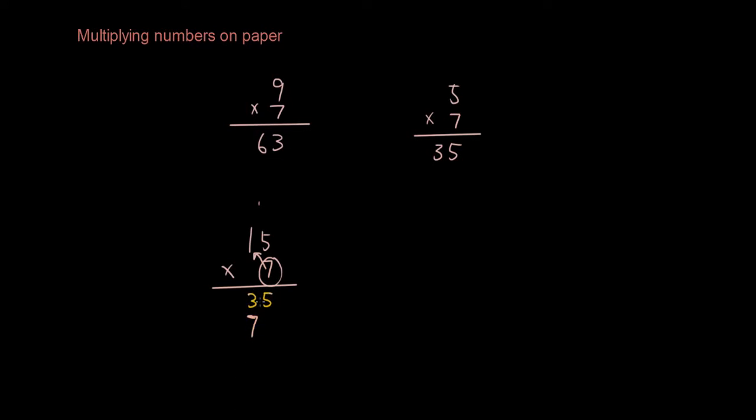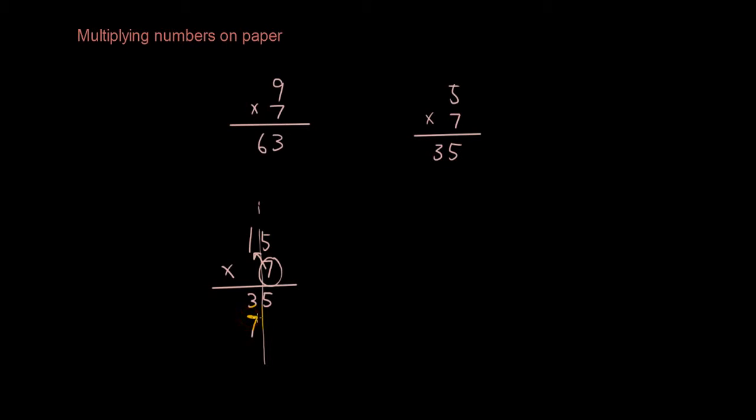I actually start in the second column. Okay, and the reason for that is because when I do 7 times 1, I'm actually doing 7 times 10. Right, because if you guys remember, the second column is the tens digit. So I'm actually going 7 times 10, which is 70.